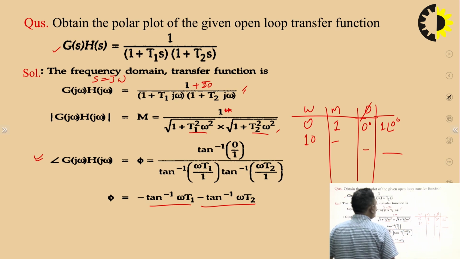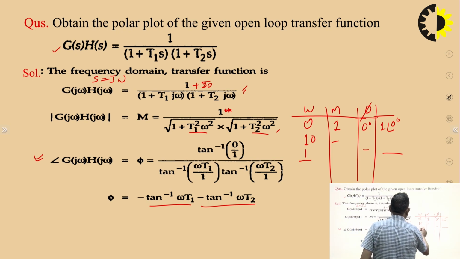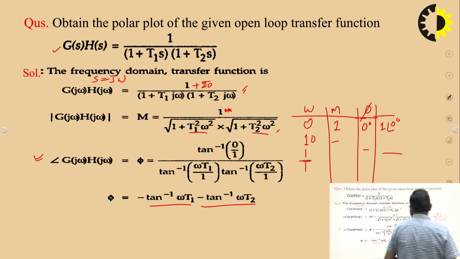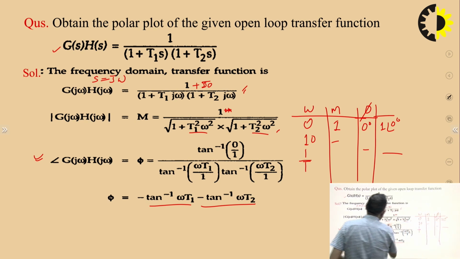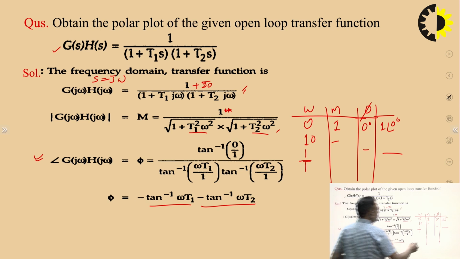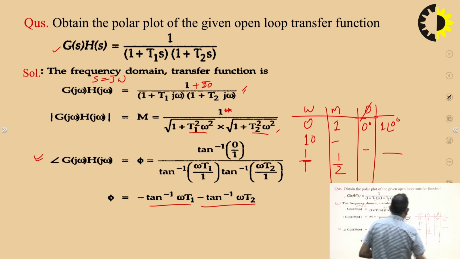Now if you choose omega equals 1 by t, where t is the time constant, we don't know the value, but let's say omega equals 1 by t. So at omega equals 1 by t, it will become 1 by root of 1 plus 1 squared, so 1 by root 2 into root 2. It means 1 by 2.